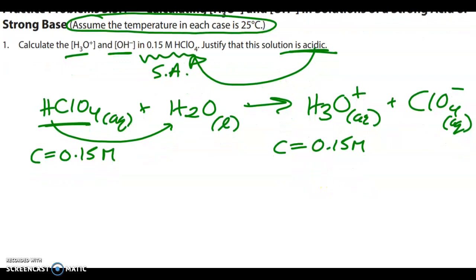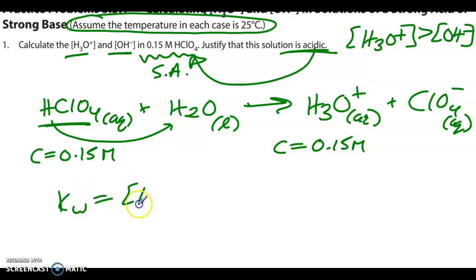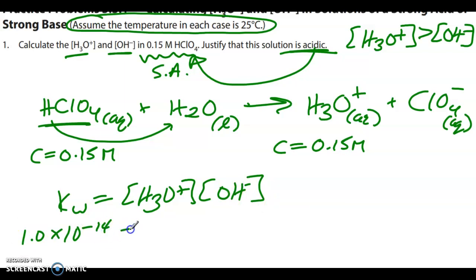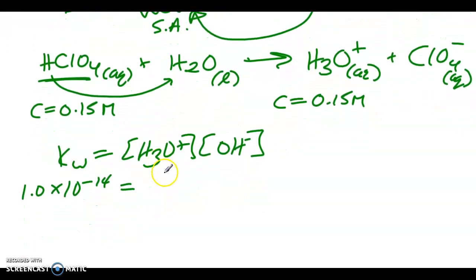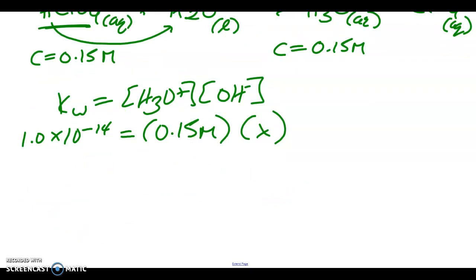So in order to justify that this is going to be acidic, we want to prove that hydronium ions are higher in concentration than hydroxide, right? So let's calculate hydroxide to prove this. Kw is equal to hydronium times hydroxide: 1.0 times 10 to the negative 14, because we can assume, since they said it was 25 degrees, equals 0.15 moles per liter, and then I'm just going to put x in for our hydroxide.